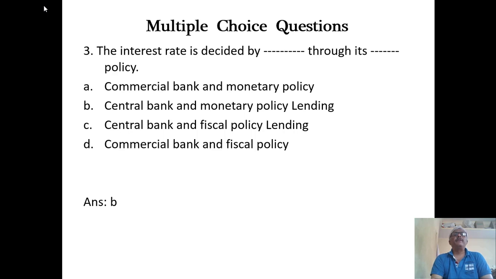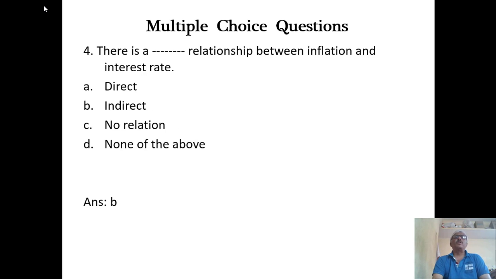Next, third point: the interest rate is decided by dash through its policy, that is, the central bank through its monetary policy. Fourth, there is a dash relationship between inflation and rate of interest. So that is B, indirect relationship.